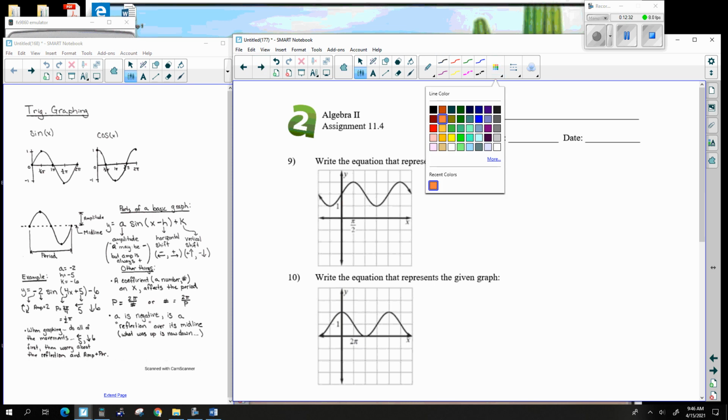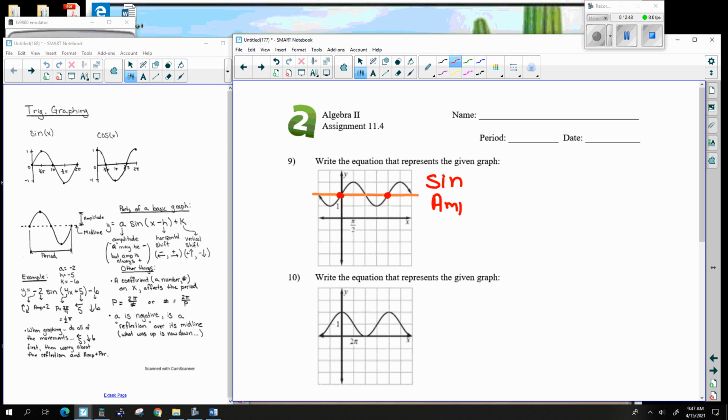All right, here we go. Midline is right there. It starts here, ends here. All right, so again, starts in the middle, ends in the middle. This is a sine graph. The amplitude. Each line is 1, so this has a height of 1, so amplitude of 1.